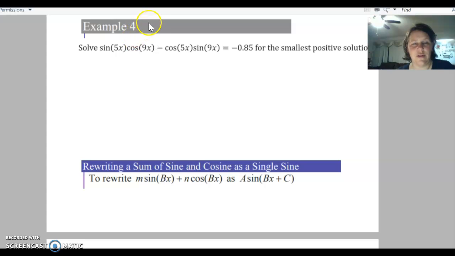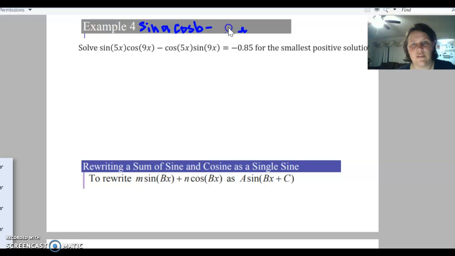So I'm going to go ahead and write the identity up here so we can follow along with it. So the sine identity said if we had sine of A cosine of B minus sine of A... Nope, that's not right.